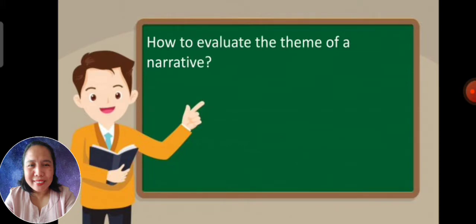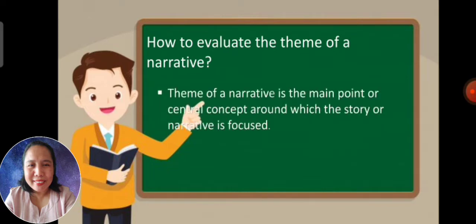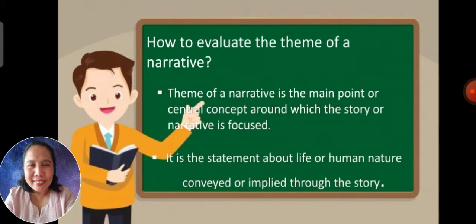Okay, so how are we going to evaluate the theme of a narrative? Theme of a narrative, class, is the main point or central concept around which the story or narrative is focused. It is a statement about life or human nature conveyed or implied through the story.